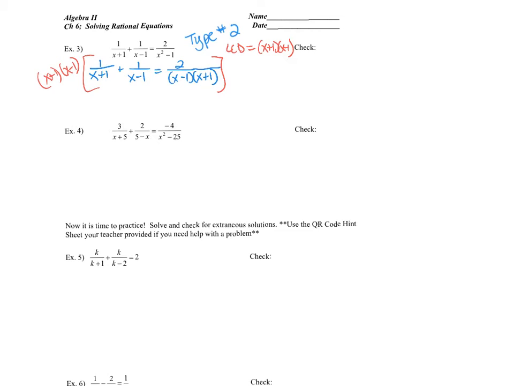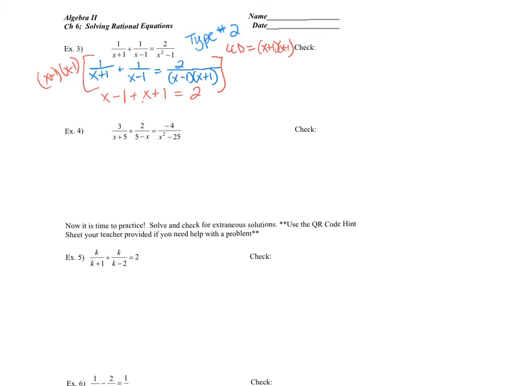So when I do that, for my first term, I'm just left with x minus 1 because the x plus 1's basically cancel out. In the next term, I'm left with just x plus 1. And in the last term, I'm just left with 2.